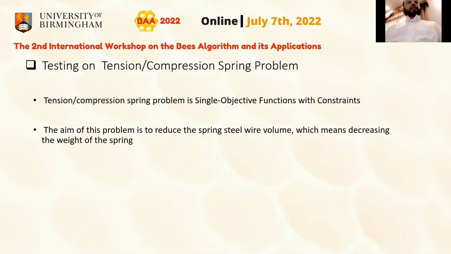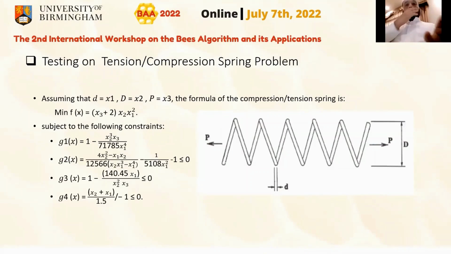Now we move on to testing on the tension compression spring problem. This is a single objective function with constraints. The aim here is to reduce the spring steel wire volume to decrease the weight of the spring.